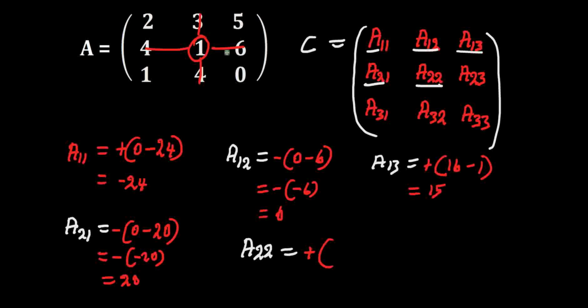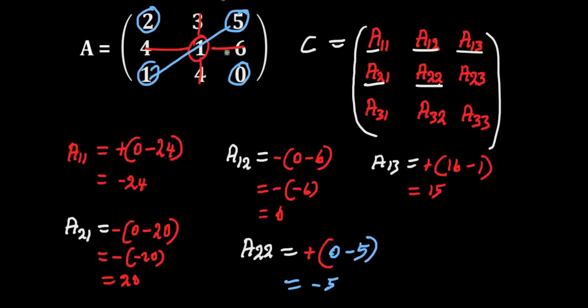So now we can use these two to multiply 0, and that would give us 0. So this is 0 minus 5 times 1. 5 times 1 is 5. So this will give us 5, and 0 minus 5 is negative 5. So negative 5. So this is the cofactor of the element 1.